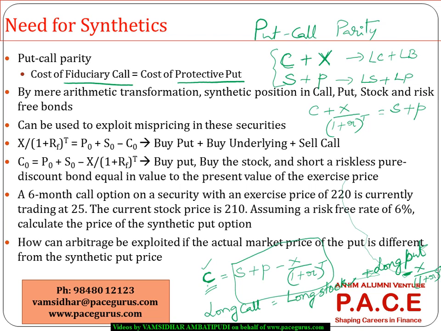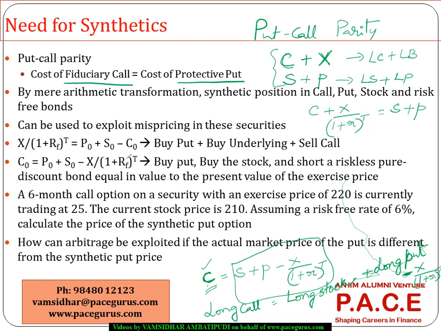Using that capital, I am buying a share as well as buying a put option. When I have done this exercise, the payoff is exactly similar to that of a call option. That is why we call this a synthetic position.